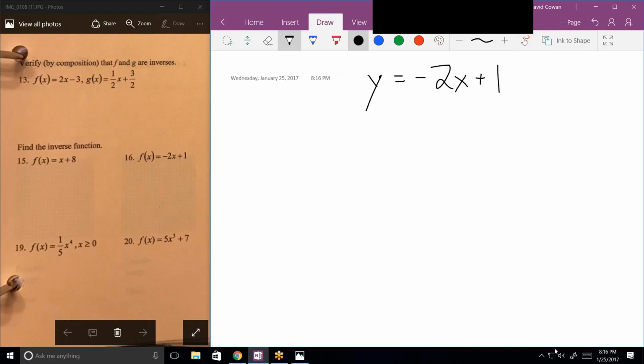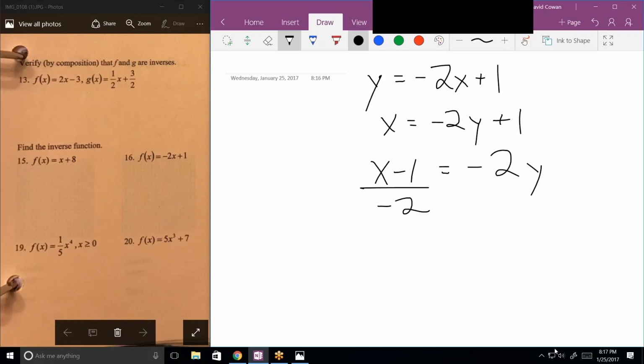The next line would be, x is equal to minus 2y plus 1. And then x minus 1 is equal to minus 2y. And then you divide by minus 2 on both sides. So get rid of that.